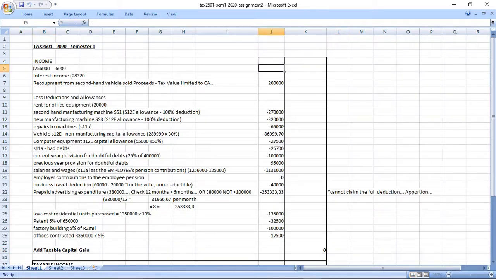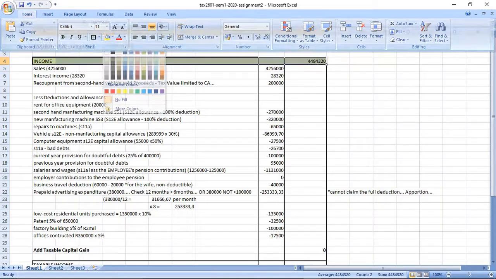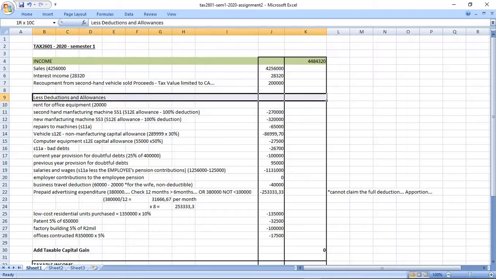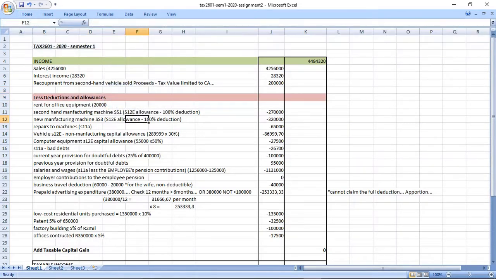Right, income, sales, interest, total income, deductions and allowances. The rent, and then we've got all of these deductions. We need to add them up.